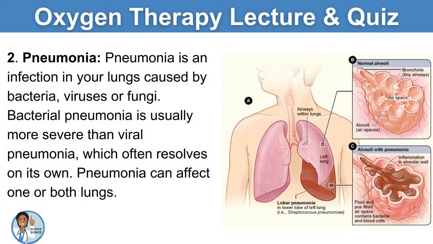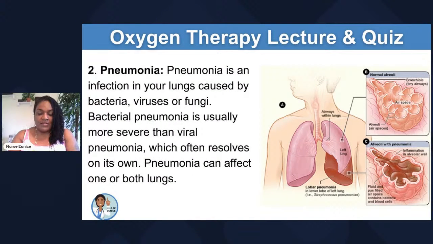Pneumonia is another lung condition which could possibly require oxygen therapy for your patients. Pneumonia is an infection in the lungs, so it can be caused by bacteria, viruses, or fungi. Bacterial pneumonia is usually the most severe, and viral pneumonia can sometimes just resolve on its own. It depends on your patient.